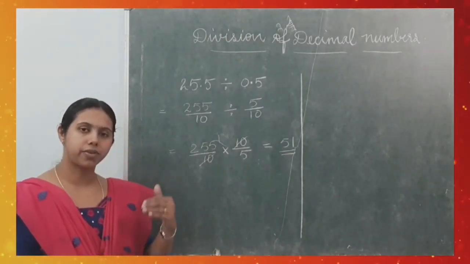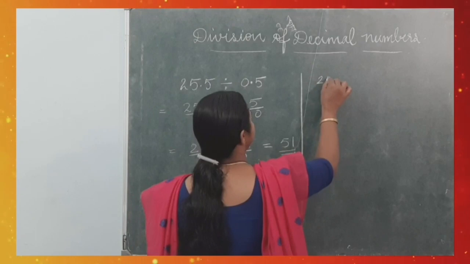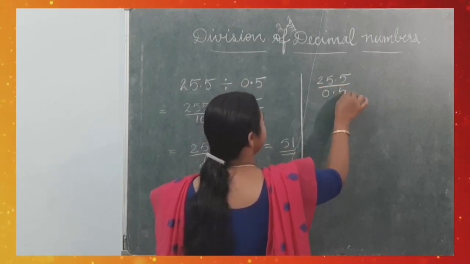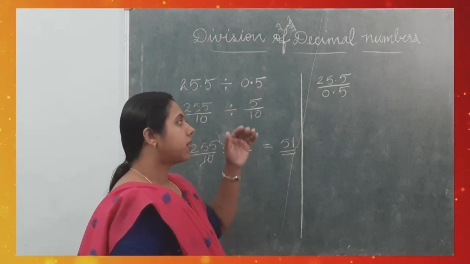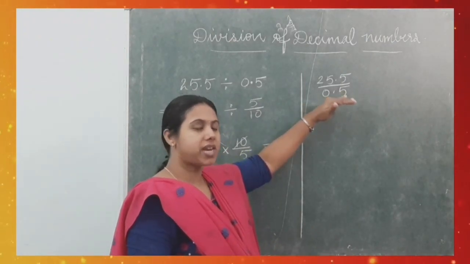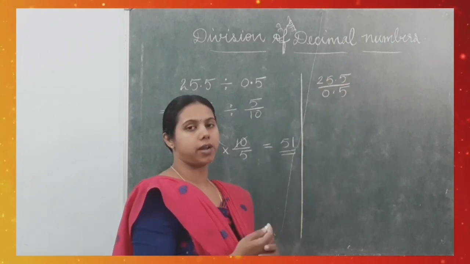Same question, you can do it in another way. This is 25.5 divided by 0.5. Here, the denominator is a decimal number. So convert the decimal number to a whole number.